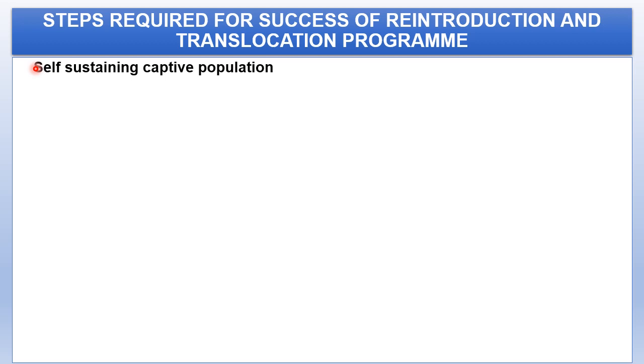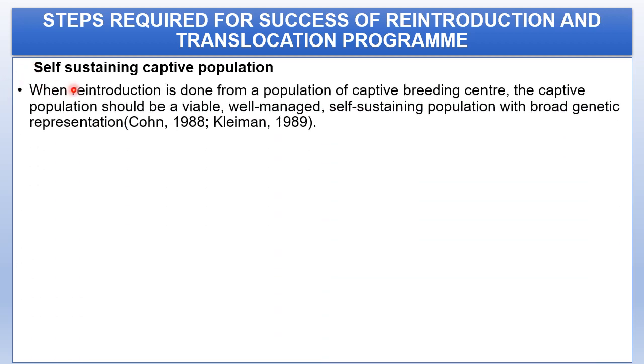In the previous slide, I already stated that reintroduced individuals may come from either a captive breeding program or directly from natural habitat. So when reintroduction is done from a population of a captive breeding center, the captive population should be a viable, well-managed, self-sustaining population with broad genetic representation.